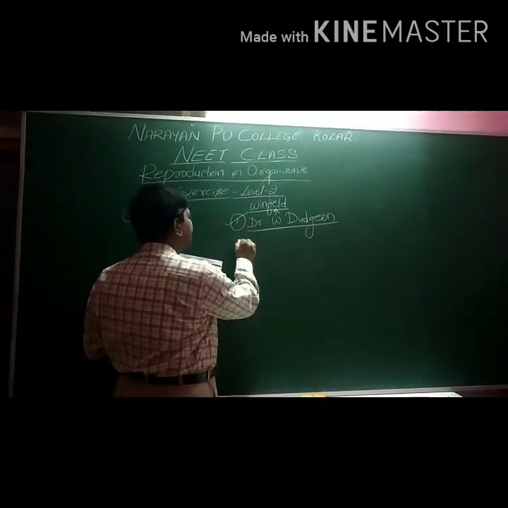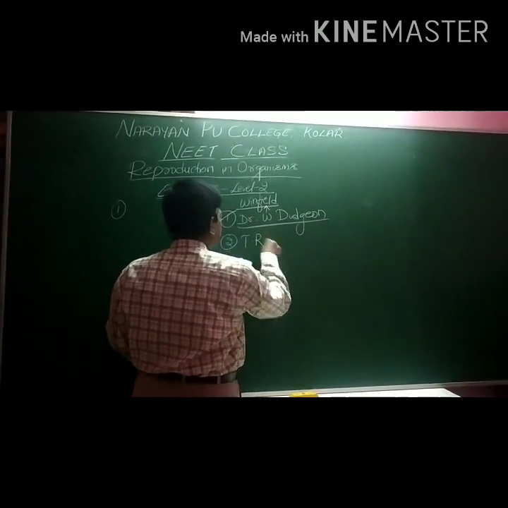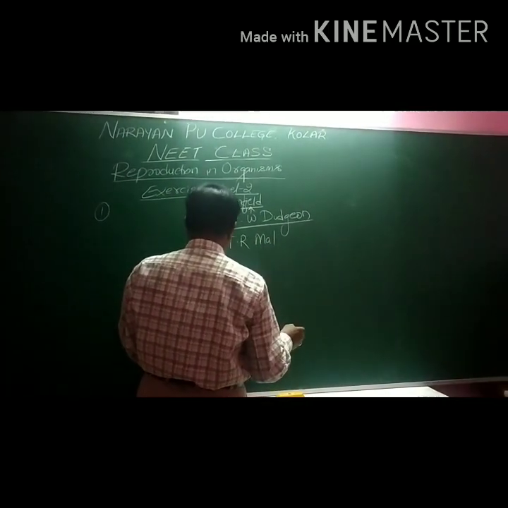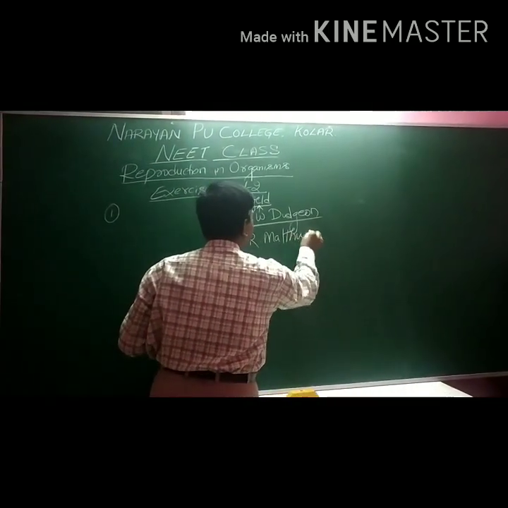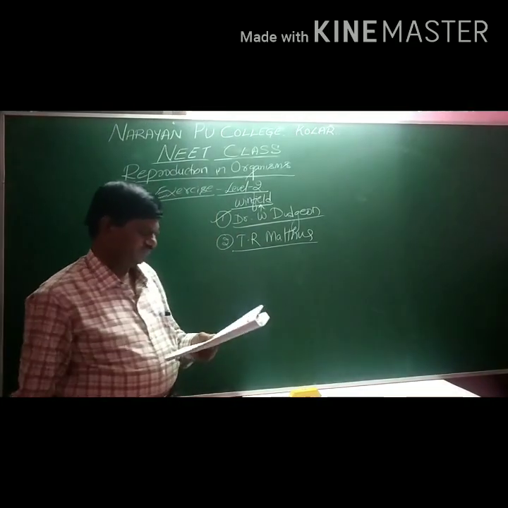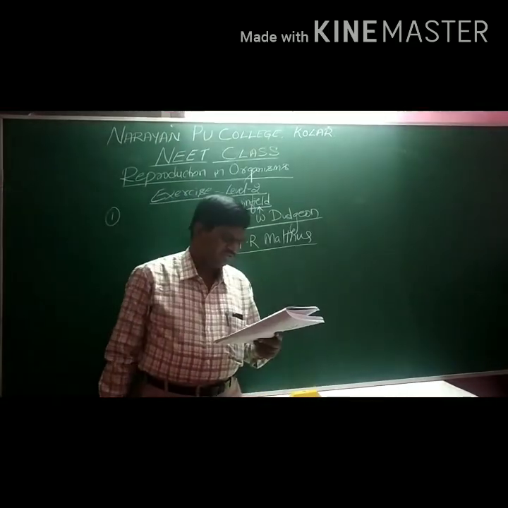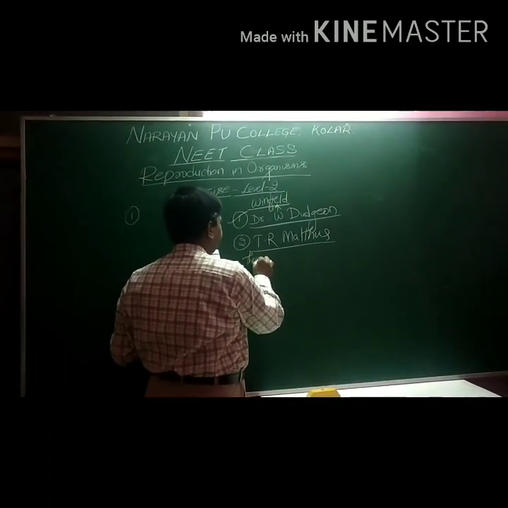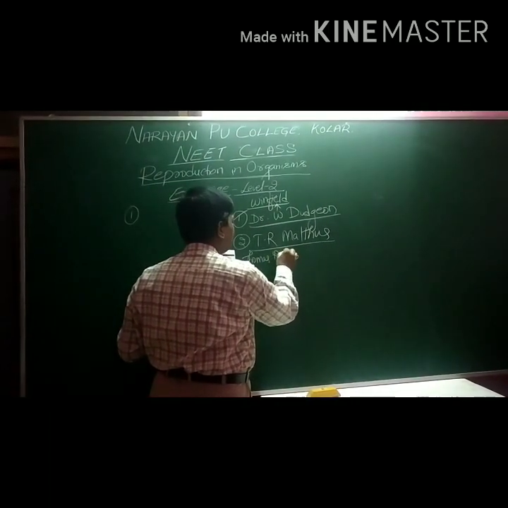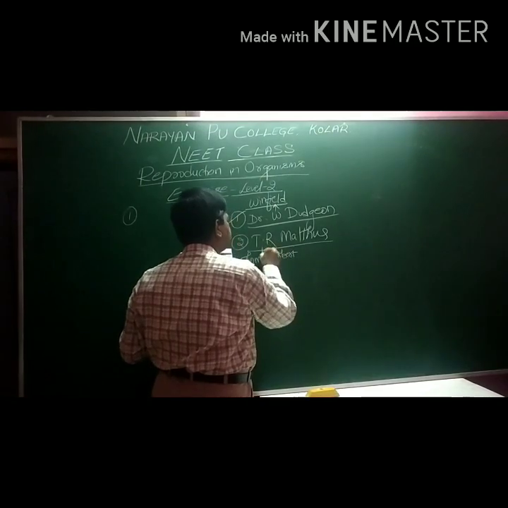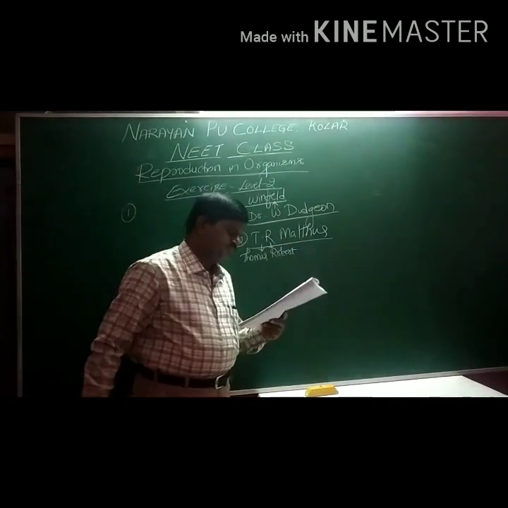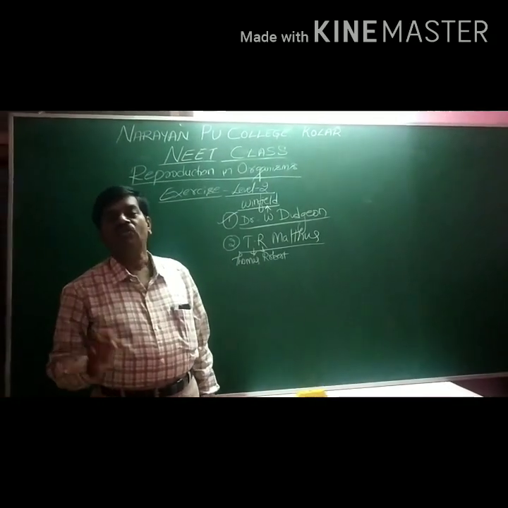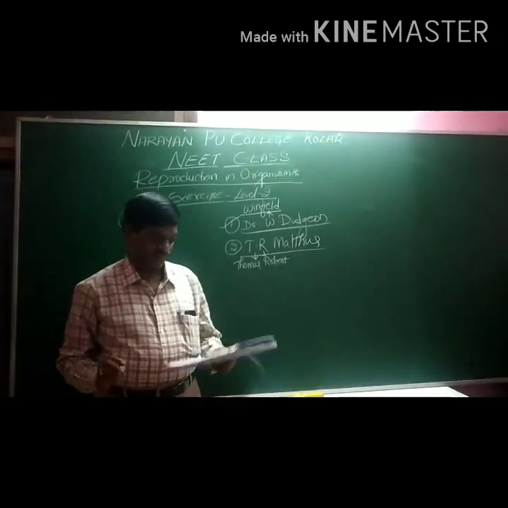When we go for the second option, T. R. Malthus. This person is Thomas Robert Malthus, well known for the theory of population.